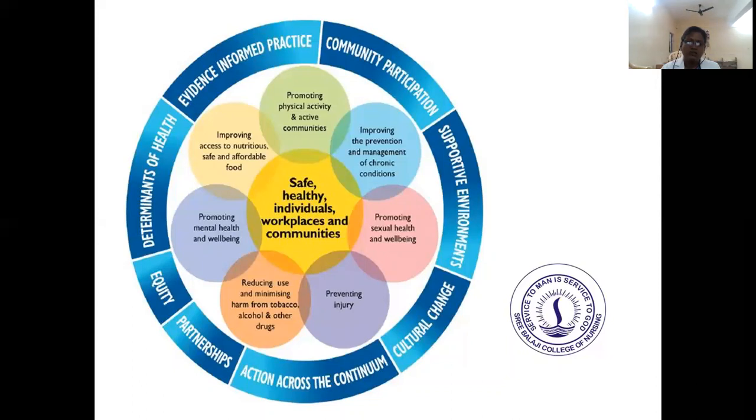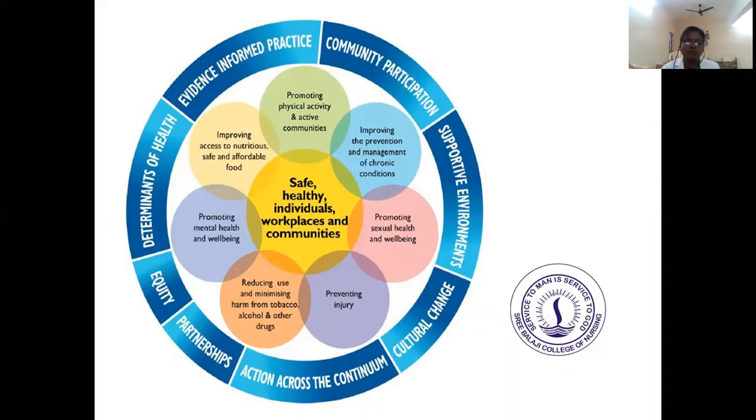When you see this picture, we have so many interrelated components. In the center, we are keeping safe, healthy individuals. As a nurse, we have to provide a safe environment for the people, in a work field and in a community too. That's safe, healthy individuals, workplaces, and communities.